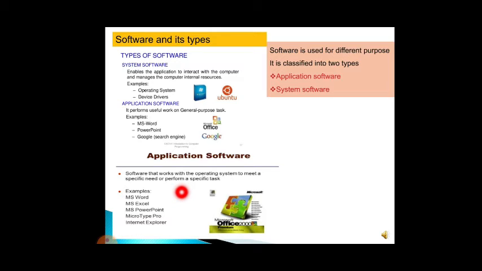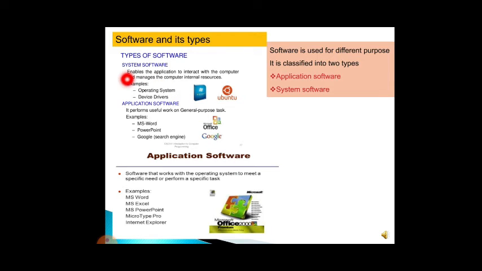Don't scratch your head too much; just know the examples. MS Word is Microsoft Word, MS Excel is Microsoft Excel, MS PowerPoint is Microsoft PowerPoint, and the Internet Explorer. These are application software, the software which works with the operating system to do a particular task.